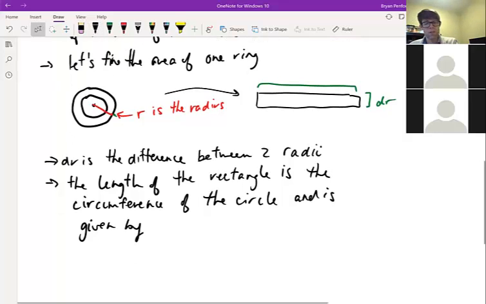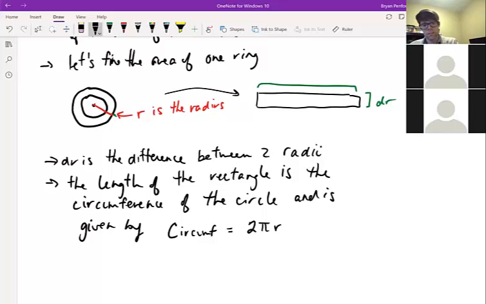And bonus points for those of you that actually know the formula for the circumference of a circle. What is that? 2 pi r? Nice. So key is all over it today. 2 pi r. Yes. So that's going to be the length of this particular strip, 2 pi r.